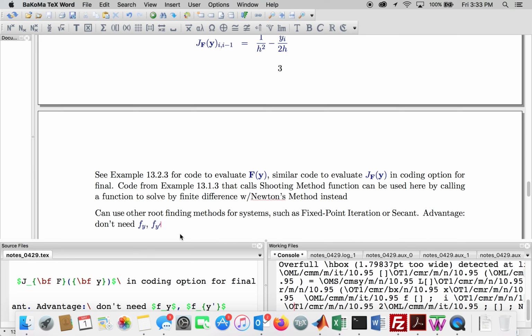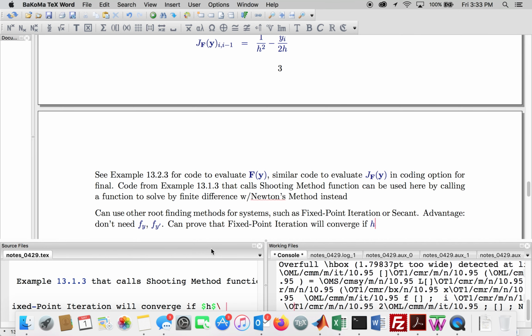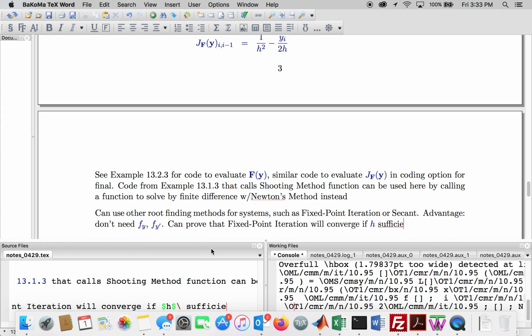Actually, while on the subject of other iterative methods, you can prove that fixed point iteration will converge if h is sufficiently small.